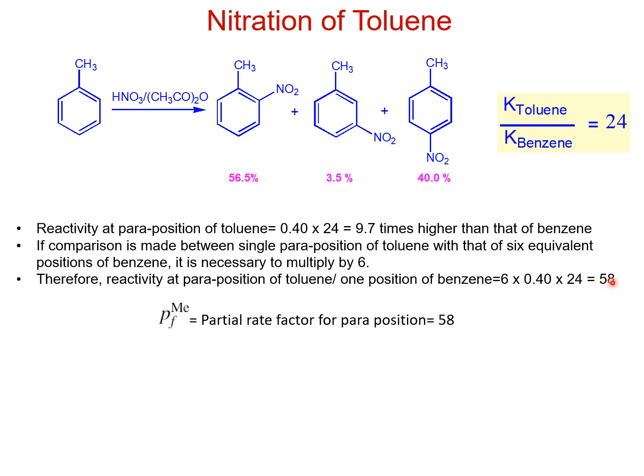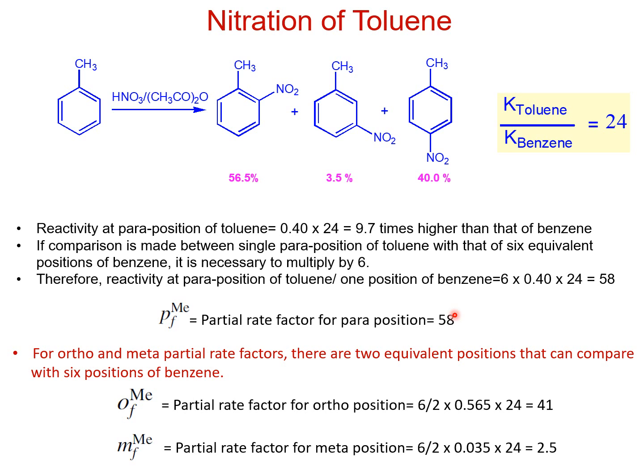That means the para position of toluene is 58 times more reactive than a single position of benzene for nitration reaction. Thus, magnitude of reactivity at any one position of substituted benzene when compared with one position of benzene is called a partial rate factor.